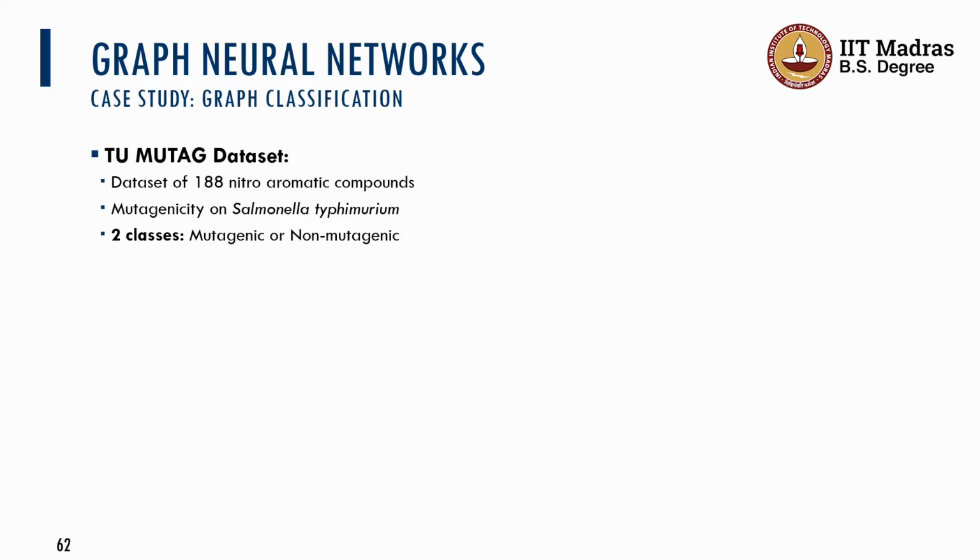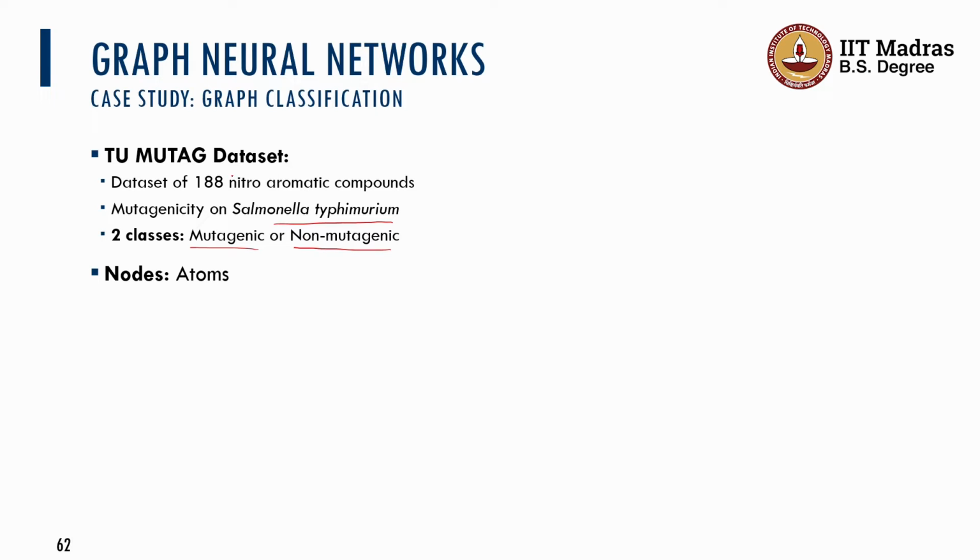Here, we have around 188 nitroaromatic compounds, and their mutagenicity on this particular organism has been studied. So here the class is that there is a mutagenic effect or there is no mutagenic effect.